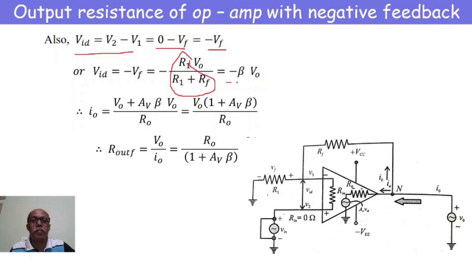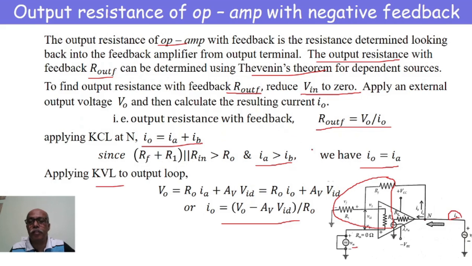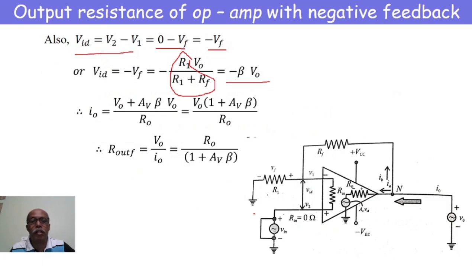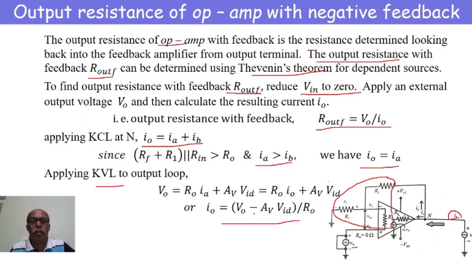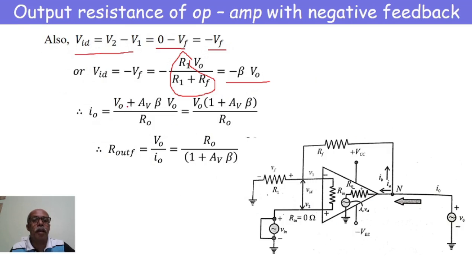Therefore, this is minus beta into V naught. Therefore, I naught is equal to V naught minus AV into VID, divided by R naught. VID is minus beta V naught, therefore minus of minus becomes plus. It is V naught plus AV into beta V naught, whole divided by R naught.